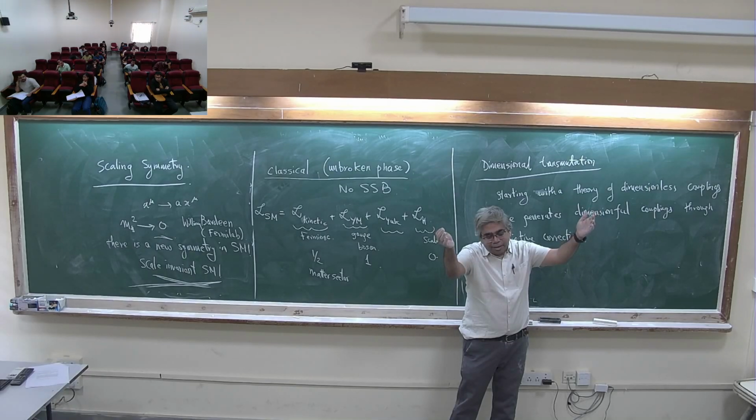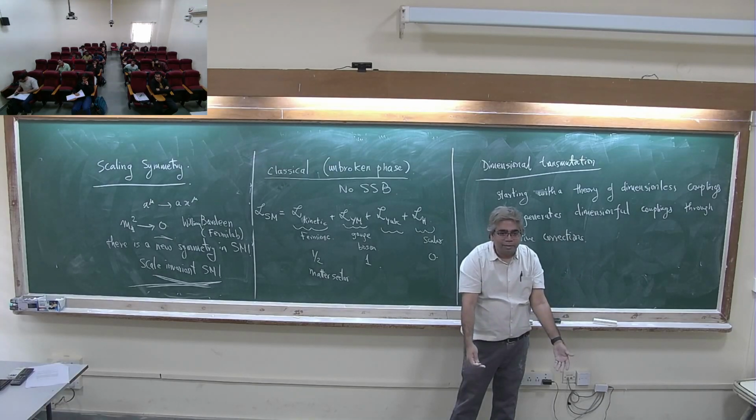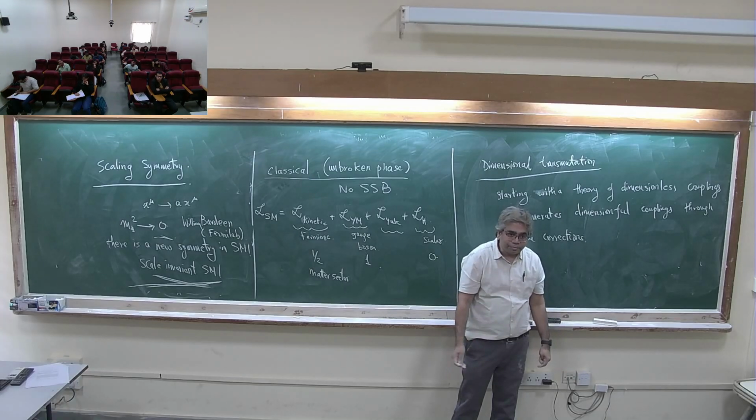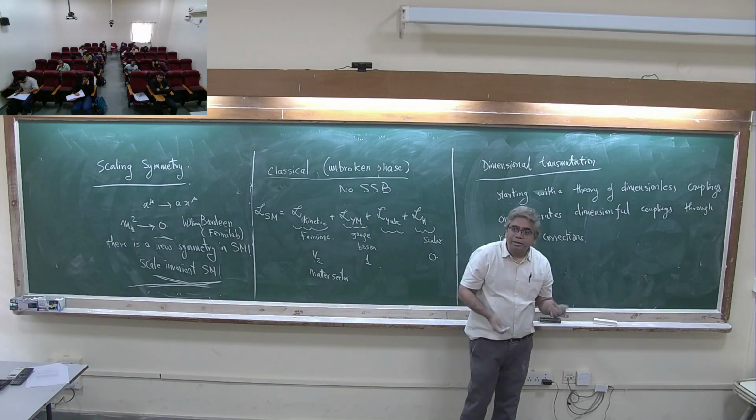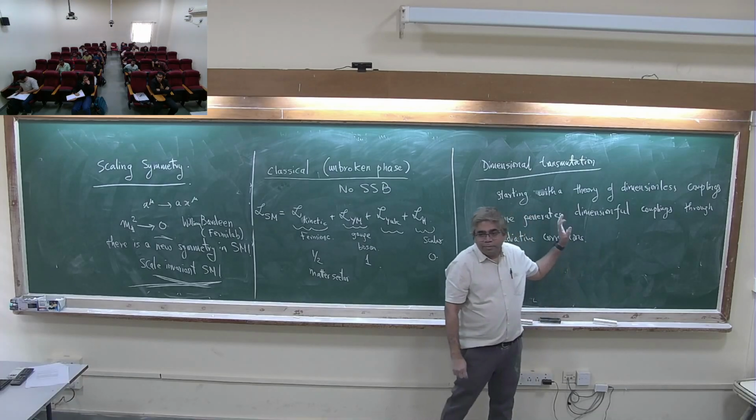But then, as the energy decreases, with radiative corrections, this term is generated with a negative sign. The reason he thought it could be a negative sign is that the fermionic loops can always make it negative. Okay? Now, it turns out it's a very beautiful idea.